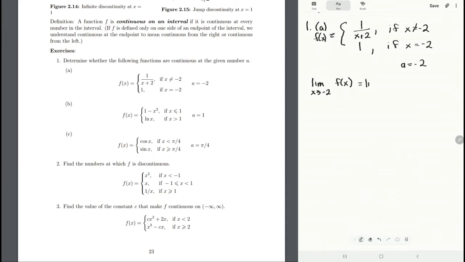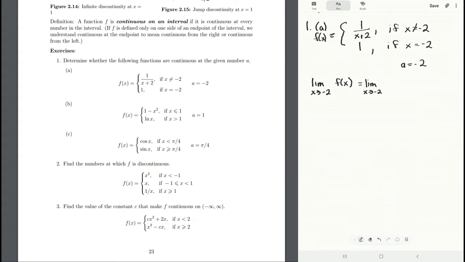We want to calculate the two-sided limit as x approaches negative 2. What is f of x equal to if we let x approach negative 2? Recall that we are taking the limit as x approaches negative 2, so we're not letting x be equal to negative 2, but very, very close to negative 2. If x is not equal to negative 2, then the function will be equal to 1 over x plus 2.